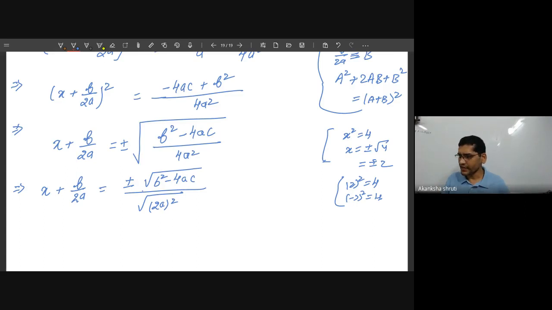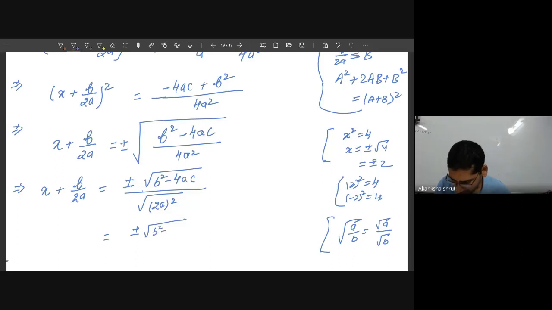Student, no doubt, I hope, because you know that under root of a by b can be broken as under root of a by under root of b. That is the rule of mathematics. So the denominator is a perfect square, but the numerator cannot be taken out. So carry this: b square minus 4ac, over 2a.